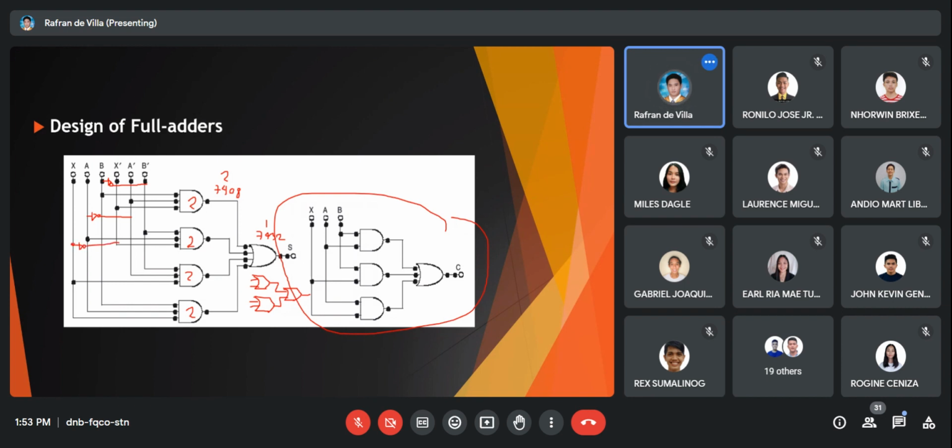Something like this. To be faster. Or better yet, what is usually done whenever we draw, right? Like this, so that you just tap into X or X complement. But either way, it still utilizes a lot of connections.